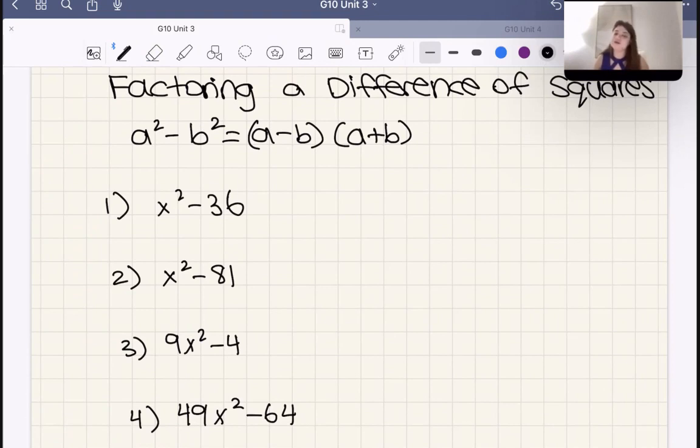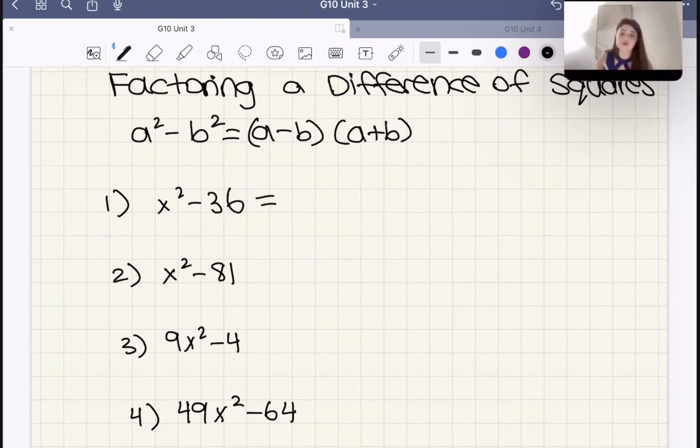What is the square root of x squared? Well, it's x. What is the square root of 36? It's 6. So according to the above, this is just x minus 6, x plus 6, right? Because in this case, we're treating a as x and we're treating b as 6. And so we're using the same equation again.